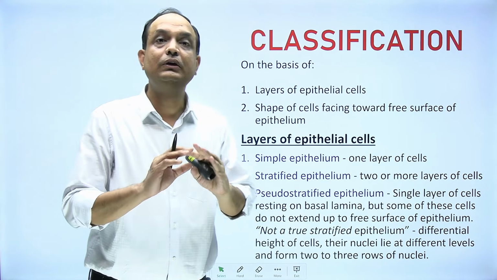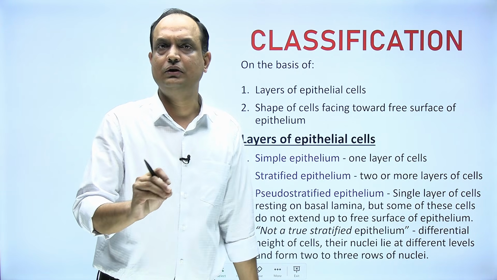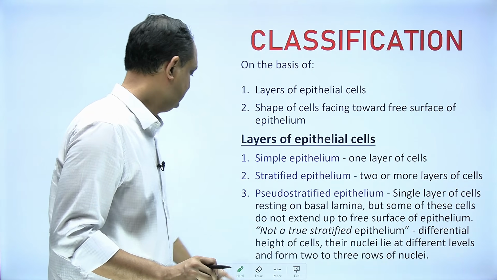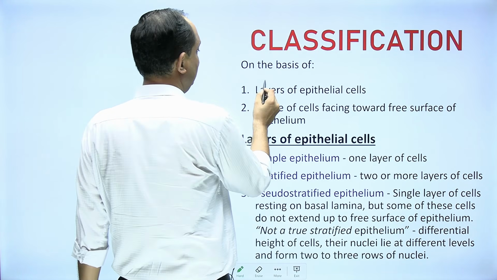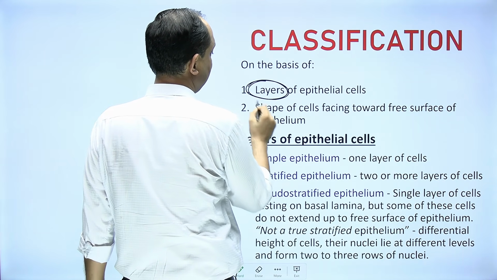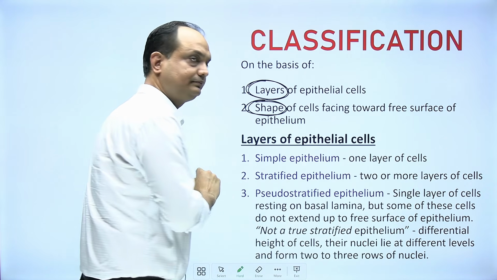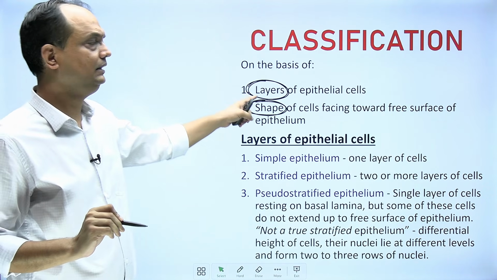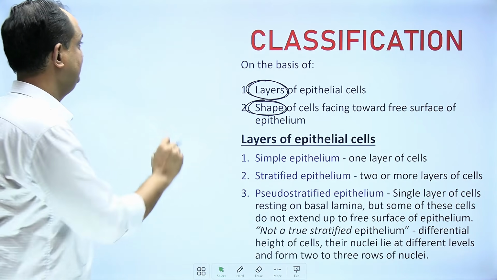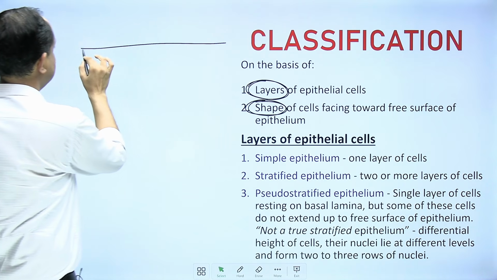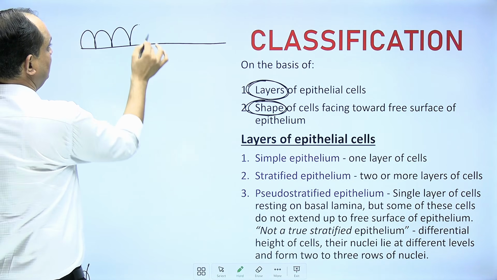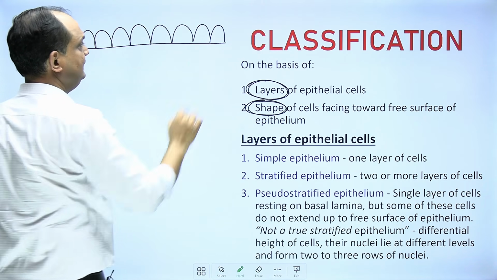So how will you classify the epithelium? In very short, I am just explaining that epithelium has two basic classifications, on the basis of layer and shape. When you talk about the layer, you have simple epithelium. That means the cells are present on the basement membrane in a single layer.